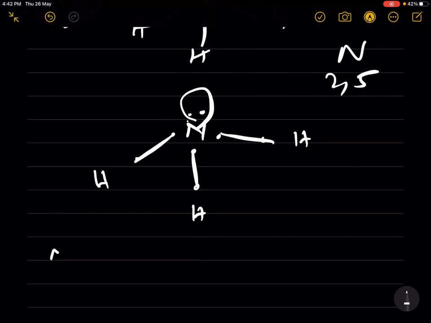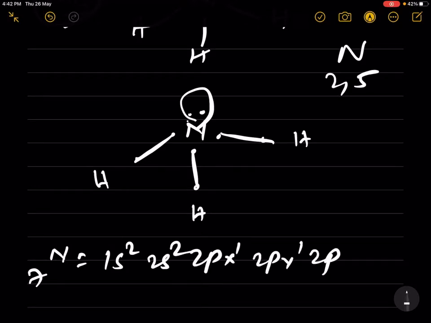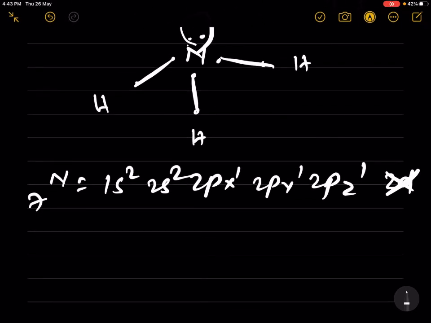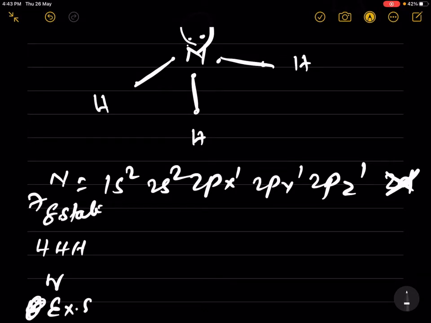Now N7, 1s2, 2s2, 2px1, 2py1, 2pz1, 2d is not present over here. So in presence of three hydrogen atoms, nitrogen gets excited. This is the ground state and this is the excited state.